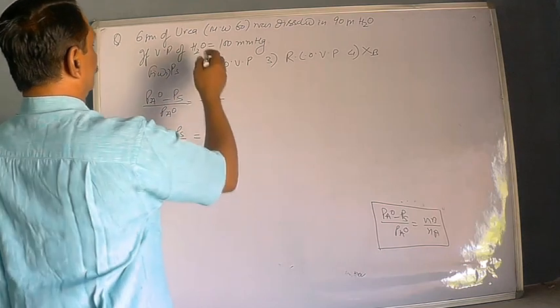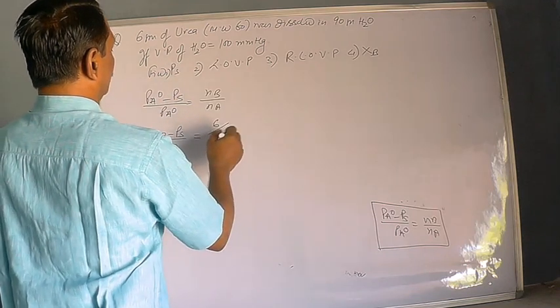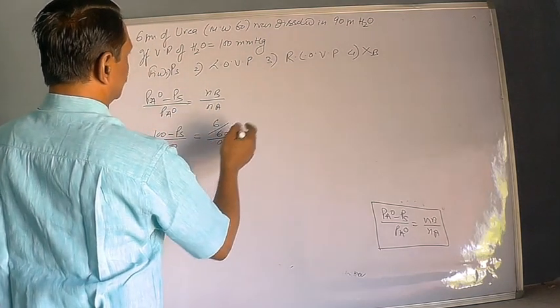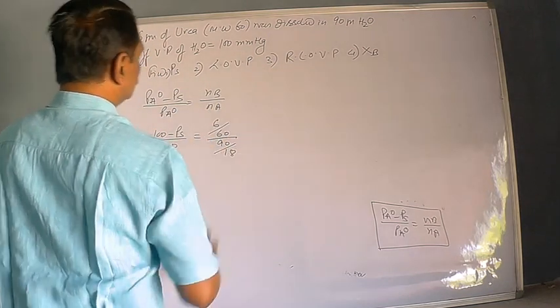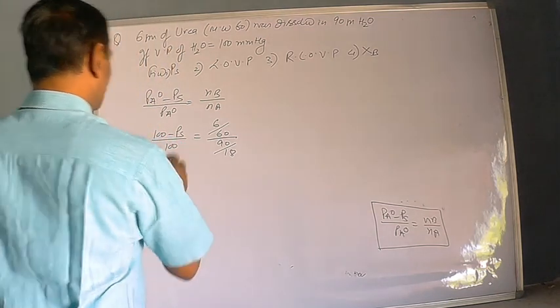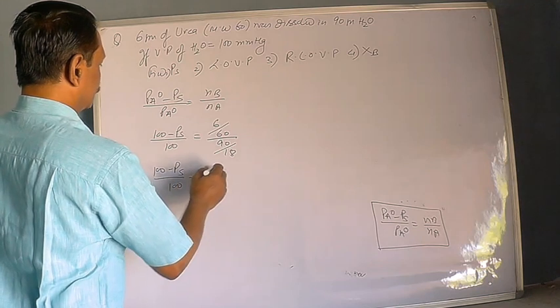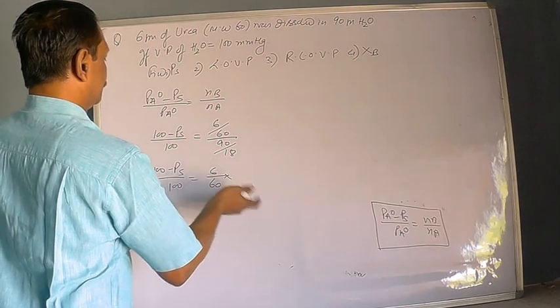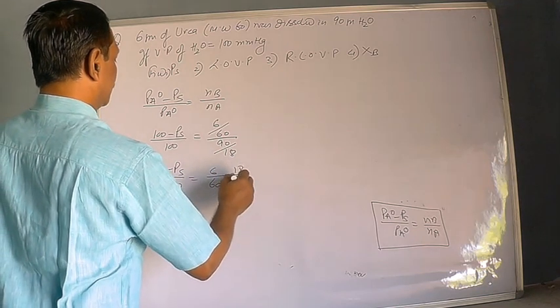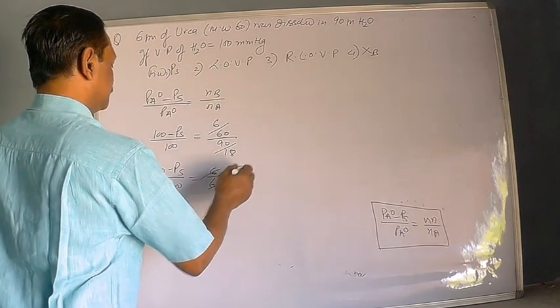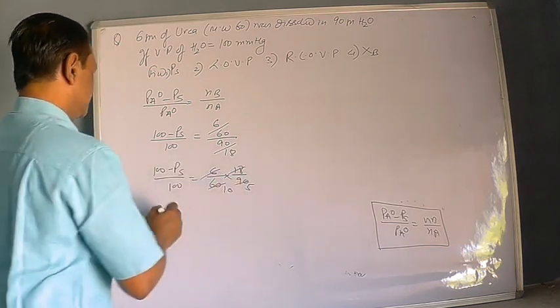Number of moles of solute is weight upon molecular weight. Number of moles of solvent: 90 is the weight and 18 is the molecular weight. Next step, 100 minus PS upon 100 equals 6 by 60 into 18 upon 90.